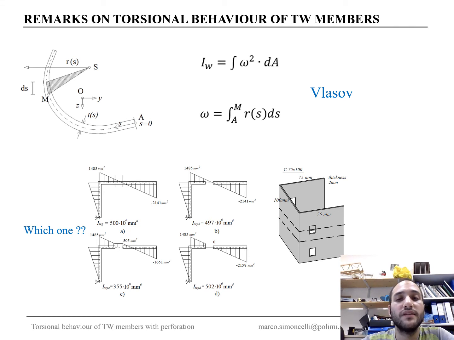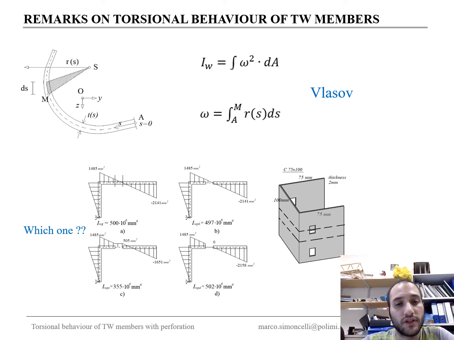So we can make a similar assumption when we have perforation and say, I don't care about the perforation and the sectorial area remains the same. But I account for the perforation in the calculation of the warping constant. That means this part of the section will not be considered in the calculation of the warping constant, but the sectorial area is not affected by this perforation.